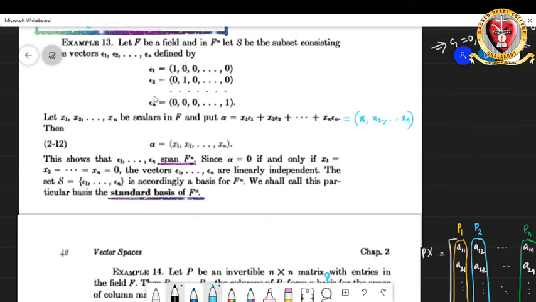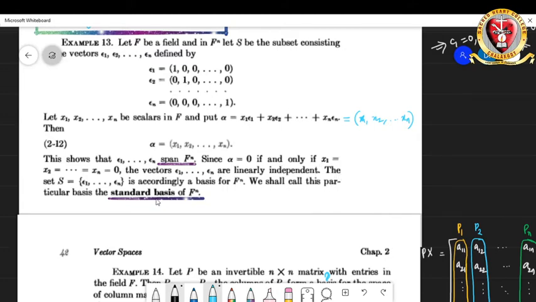This shows that these vectors epsilon 1, epsilon 2, etc., epsilon n are spanning Fn. Each element from Fn can be spanned like this. Since alpha equal to 0 will obviously imply x1 is equal to 0, x2 is equal to 0, etc., xn is equal to 0, the vectors epsilon 1 etc. epsilon n are linearly independent, right?